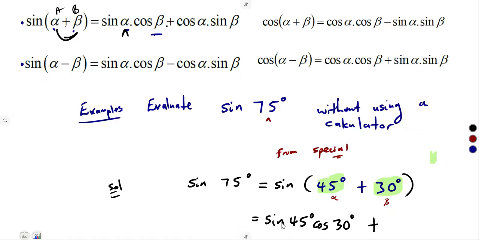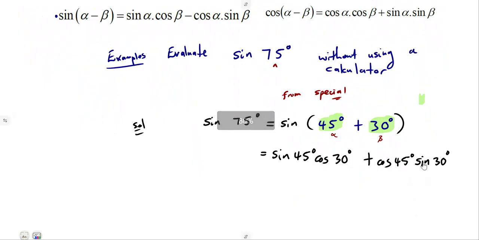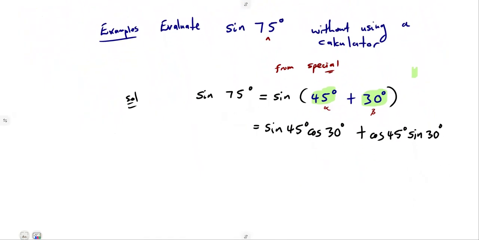This time you start with a cos. You started with sine, this time you start with a cos of the same angle alpha, 45 degrees, the sine this time of the same angle beta, 30 degrees. You have expanded by following identities. These are proven mathematical statements. They've been proved to be correct in every aspect where you have that condition.